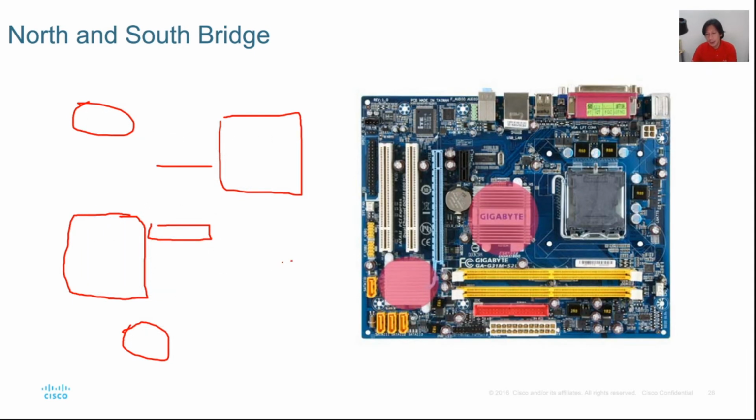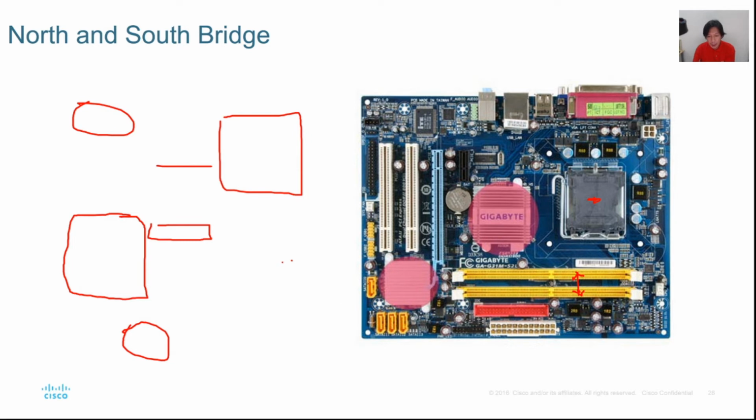Here, if you see these expansion slots, most probably this is the video, and this is the RAM slots. A while ago when we mentioned the RAM and the CPU, those are part of the north bridge.